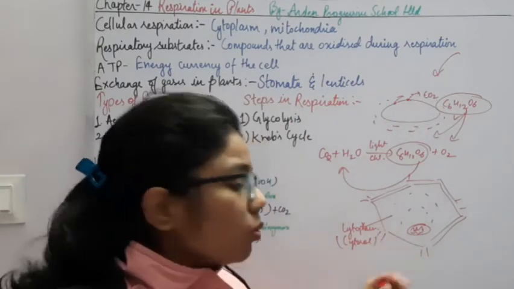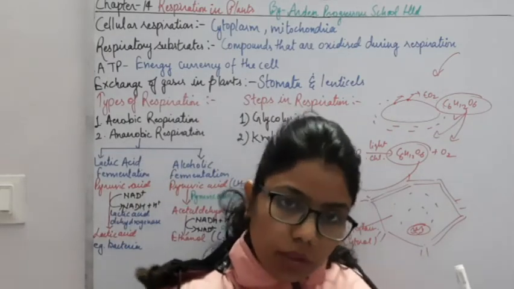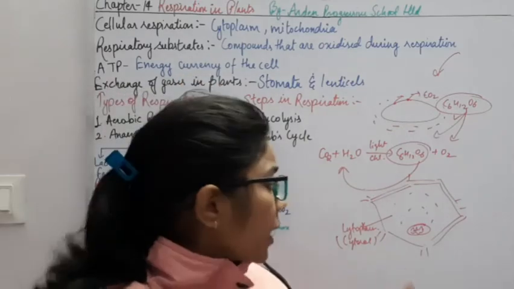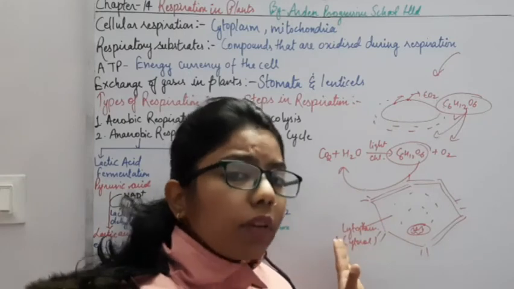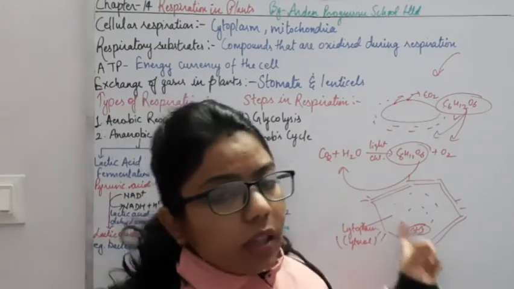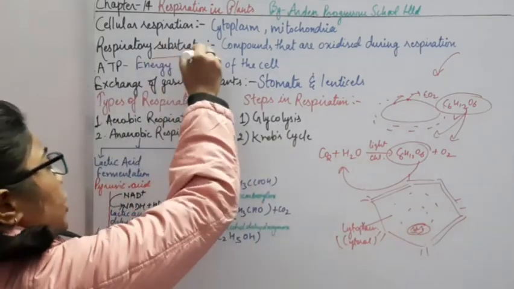In these two, there will be a complete oxidation of the glucose molecule, right? So cellular respiration takes place in the cytoplasm as well as the mitochondria. Here we will understand how it takes place in the cytoplasm and how it takes place in the mitochondria, right?